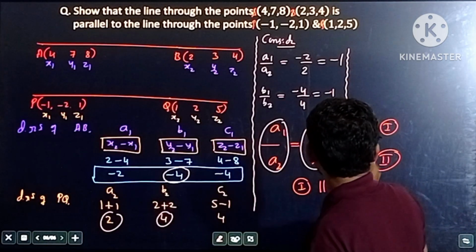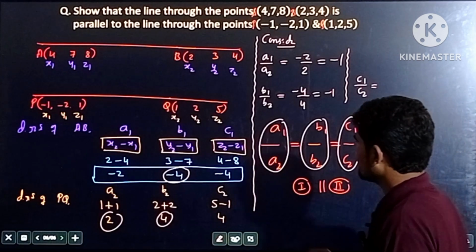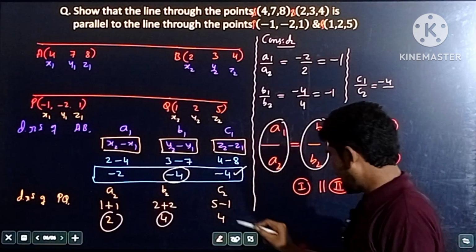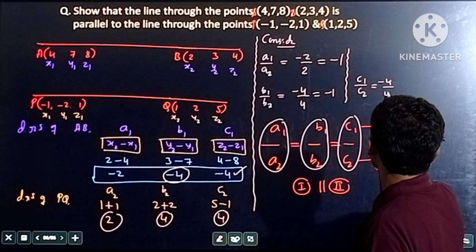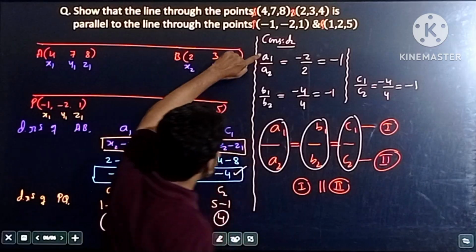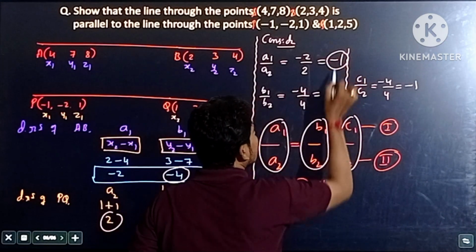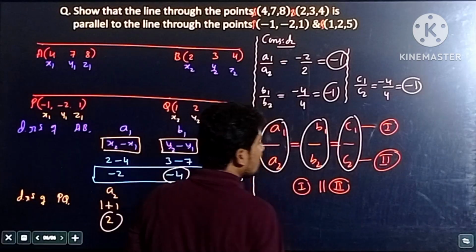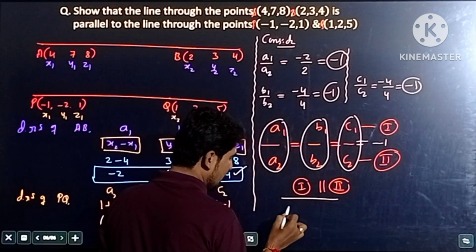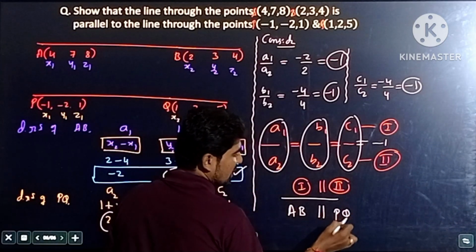And c1 by c2 is minus 4 divided by 4, which is also minus 1. So observe here that a1 by a2, b1 by b2 and c1 by c2 are all equal to minus 1. It means the first line AB is parallel to the second line PQ.